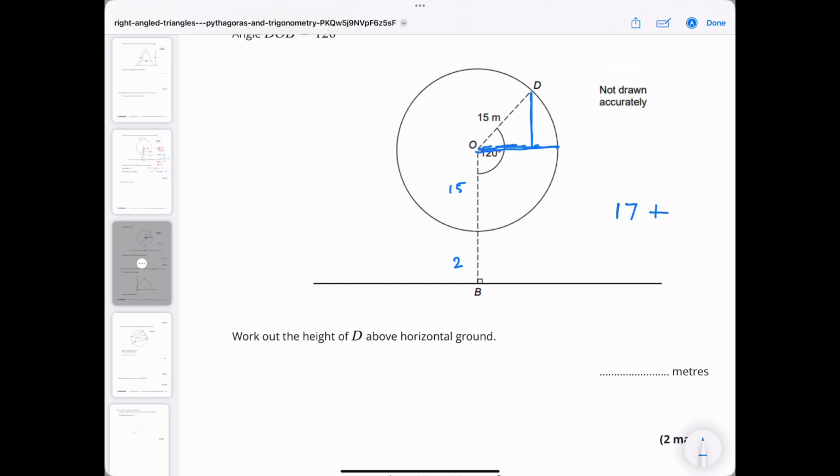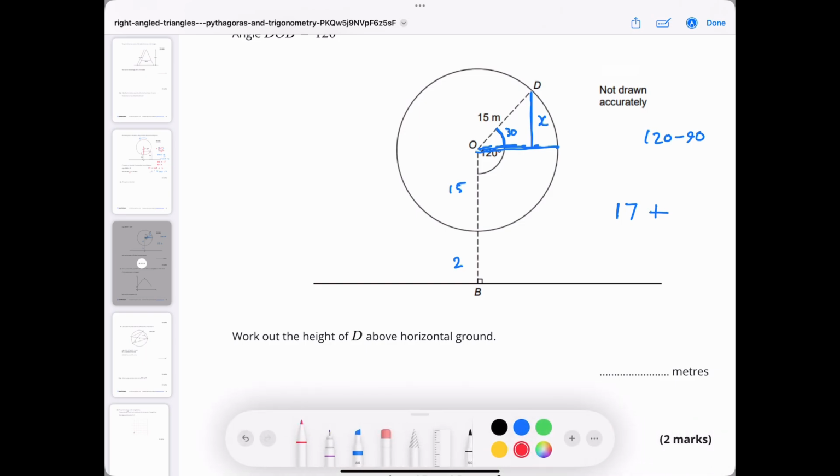We know that this is, whatever that is, 120 minus 90, which is 30. That's 15. And in order to get this right, we need to find out what that is there. If we redraw that triangle, so far we know that this is 17, and we need to find B to D, or BD height.